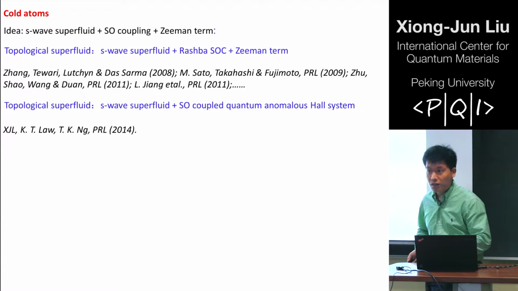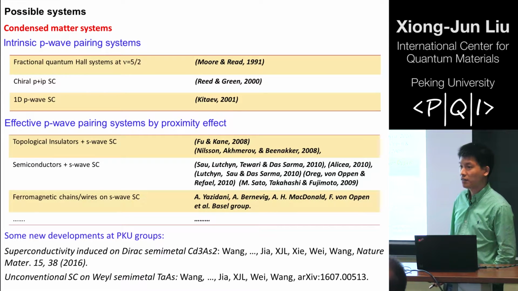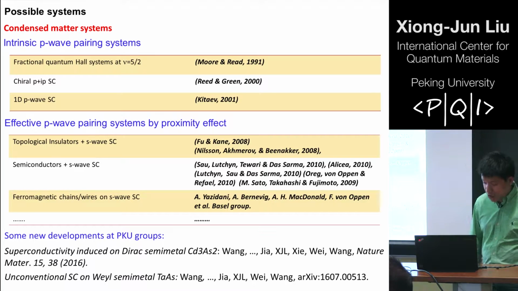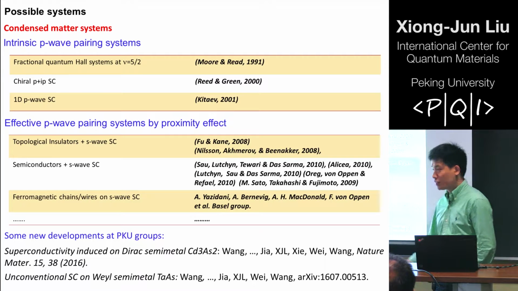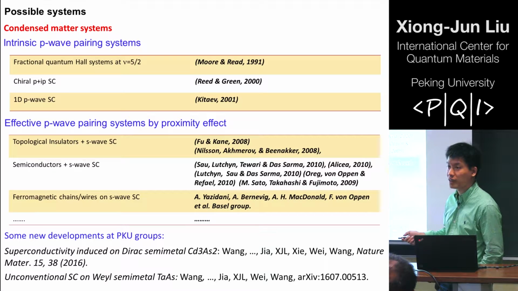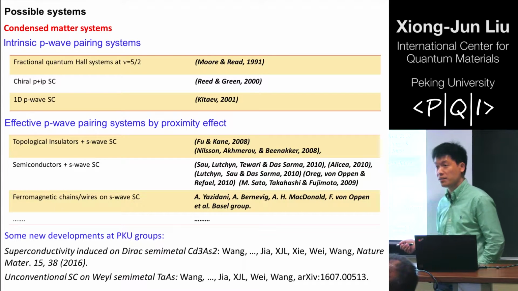For the purpose of creating topological superconductivity, does the Dirac metal make a difference from the Weyl metal? Actually, there is some difference. The good thing is that for the Weyl semi-metal, at each Weyl point, for each Weyl cone, you have a definite chirality, so it's actually protected by the Z2 number.